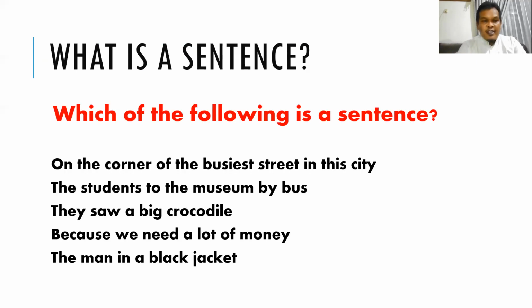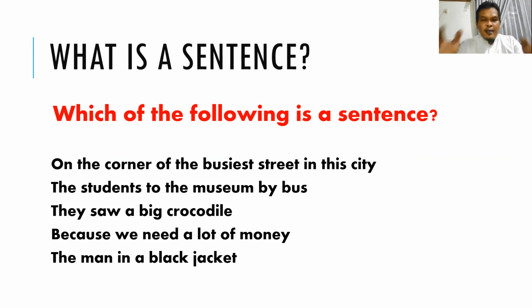Now, let's see the example. In the 4th group of phrases in our examples here, because we need a lot of money, you can find that this group also consists of a noun phrase and a verb phrase. Now the question is, why doesn't it belong to a sentence? Because it has no complete meaning.